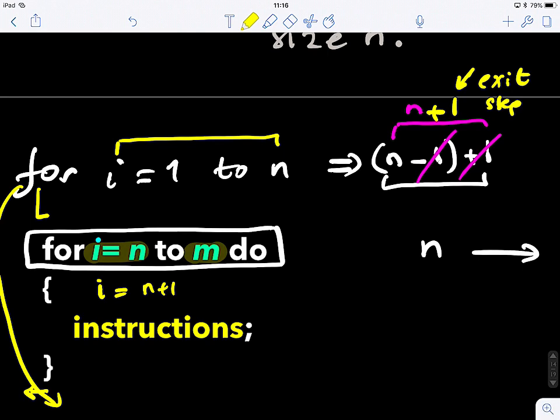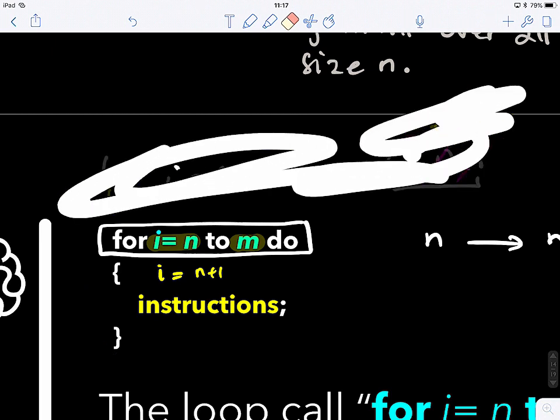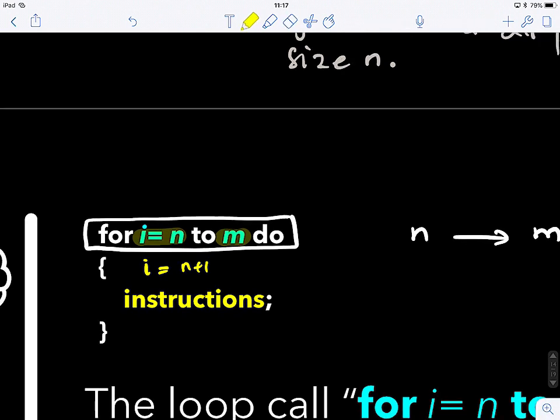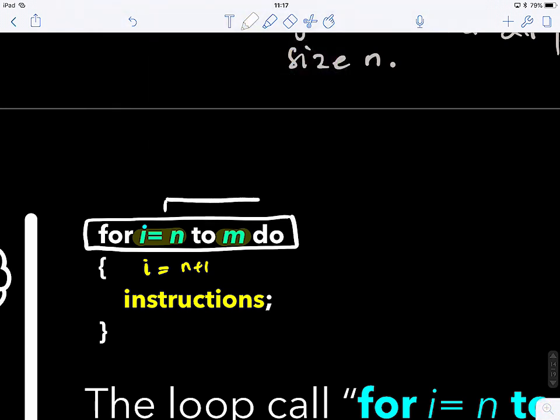So in this case, if you look at this algorithm, how many times will it run? We apply the rule. Let's say we have items from n to m, it's m minus n plus 1.